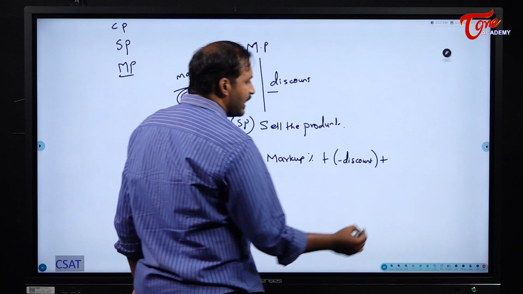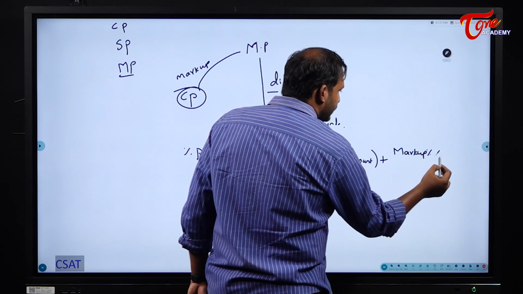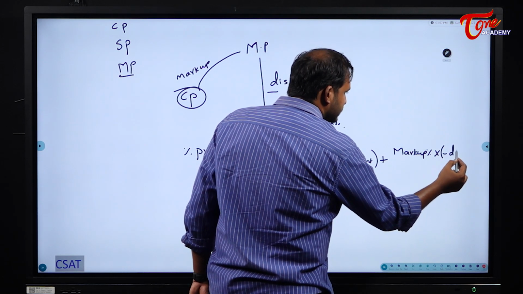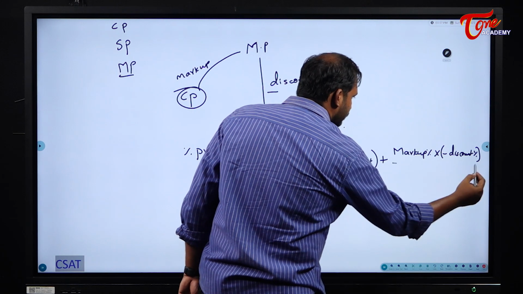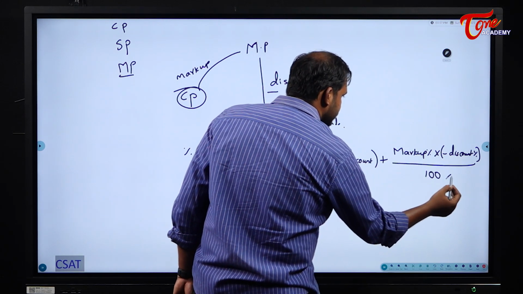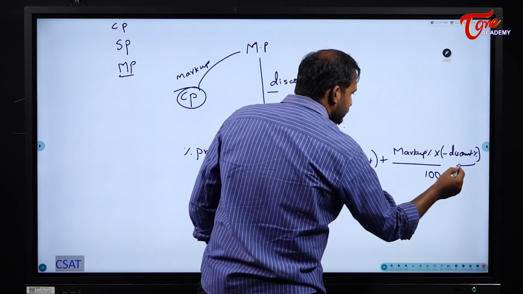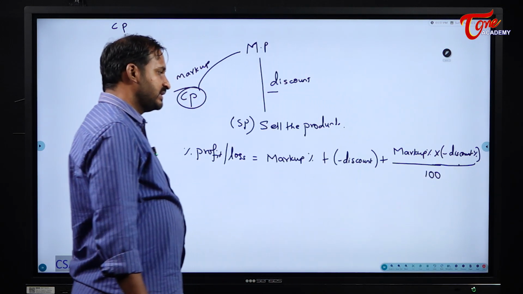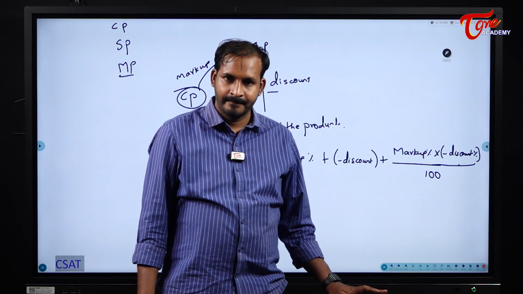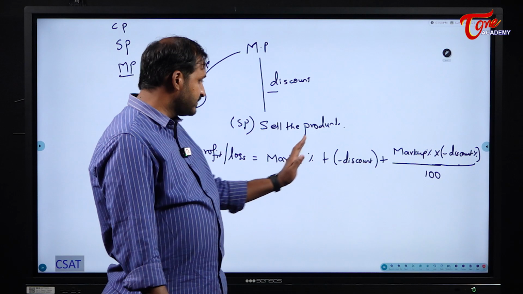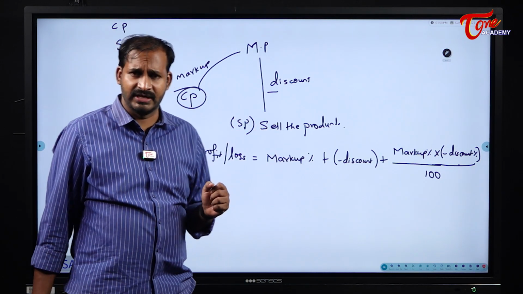Plus markup percentage into minus discount percentage, divided by 100. This is the formula for this one. See here, students, this is nothing but x plus y plus xy by 100 only. Okay, x plus y plus xy by 100 only, but we are writing it a little differently.